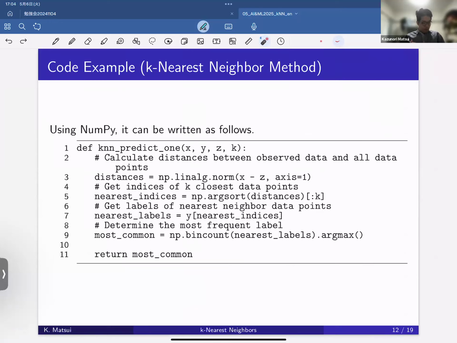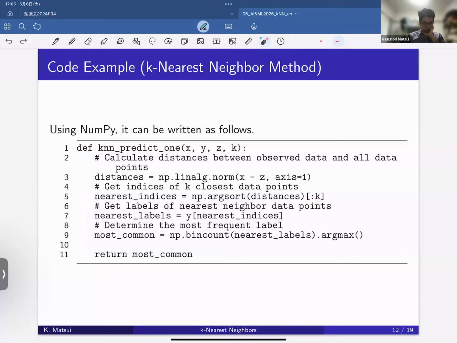So the code for the k-nearest neighbors method looks like this. We calculate the distance between the observed data and the data we want to predict. Sort these distances in ascending order and take k items by using a slice.